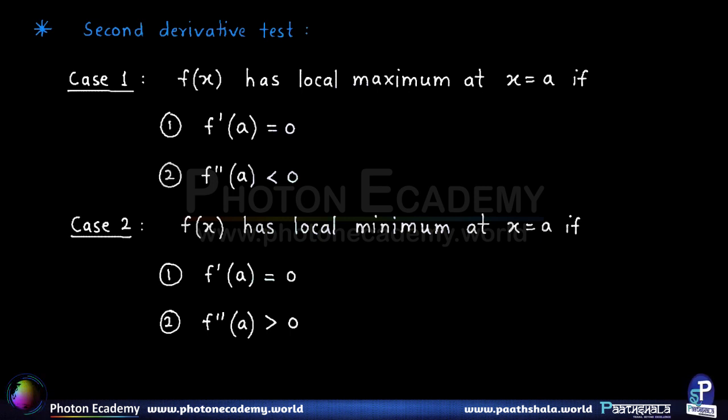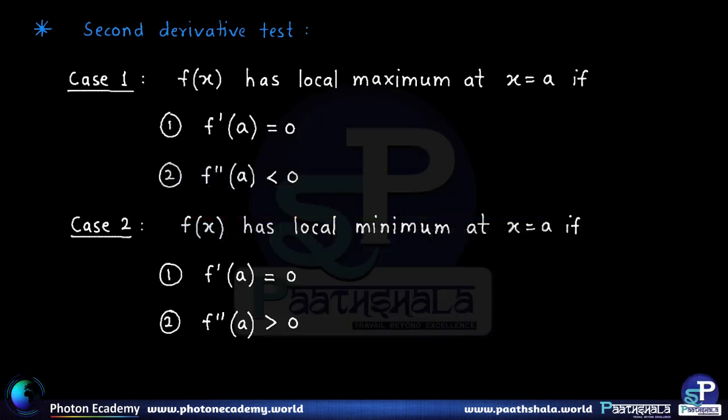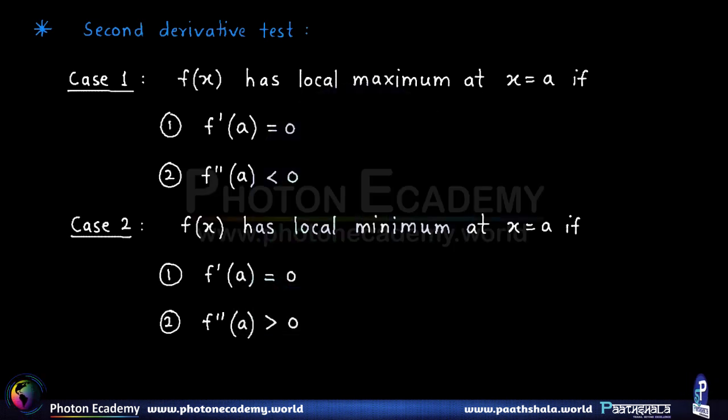Similarly, in the second case, f of x has a local minimum at x equal to a if f dash of a is 0 but f double dash of a is positive. Just to recap, whether it is maximum or minimum, at both points the first derivative must be 0, and for the point of maximum the second derivative is negative, whereas for the point of minimum the second derivative is positive. Okay. Now based on this we will solve a few sums.